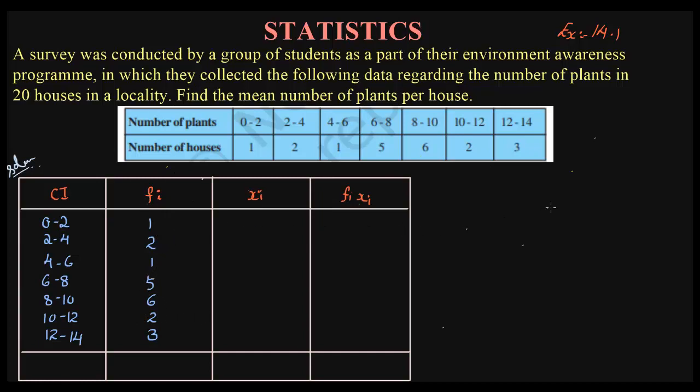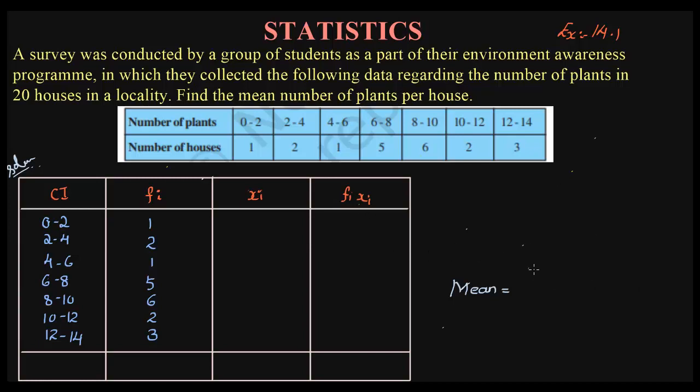To find the mean, we have this formula. Normally for ungrouped data, how do we find the mean? We add all the numbers given, and then divide by how many numbers of data have been given to you.